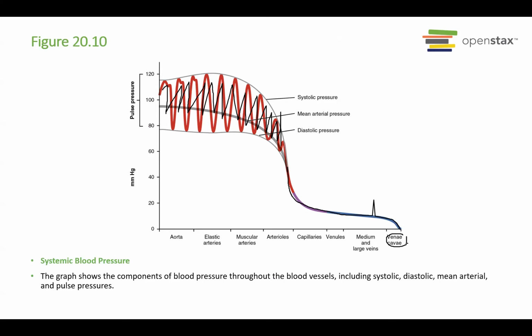So the blood pressure in the vein is actually really low compared to the blood pressure in the arteries. In the arteries, we measure the blood pressure at 120 during contraction and around 80 during relaxation. So these are the pressures coming from the arteries.